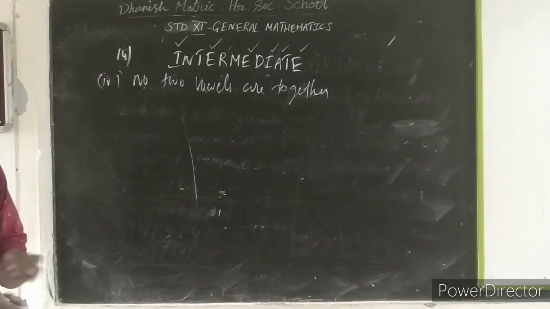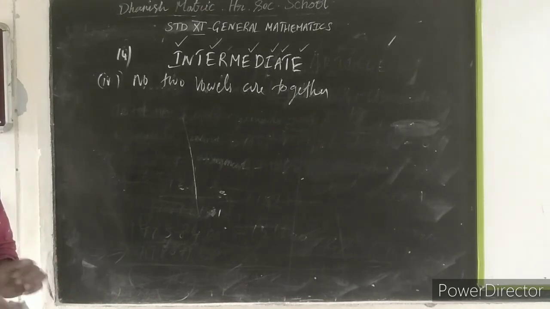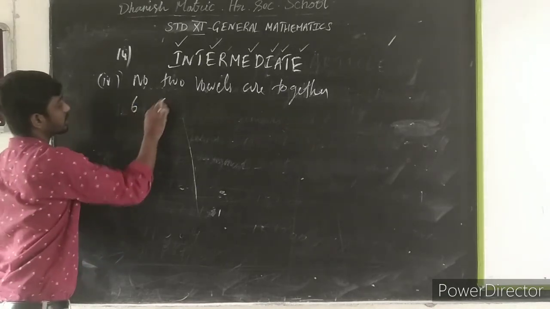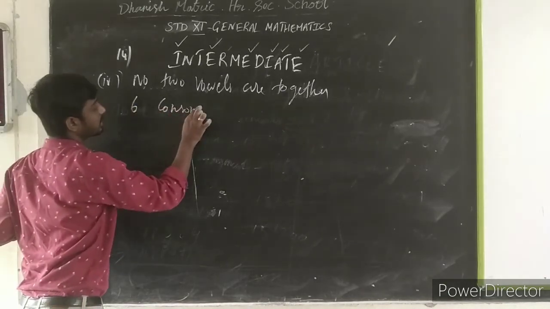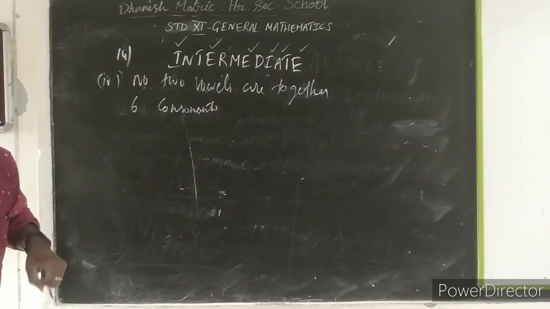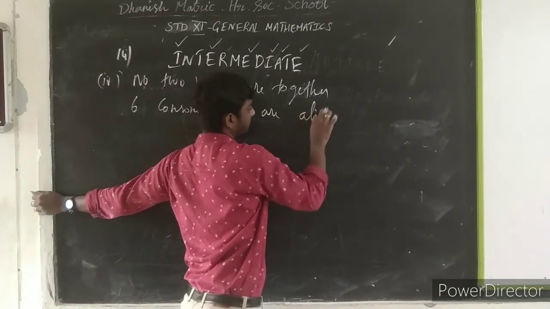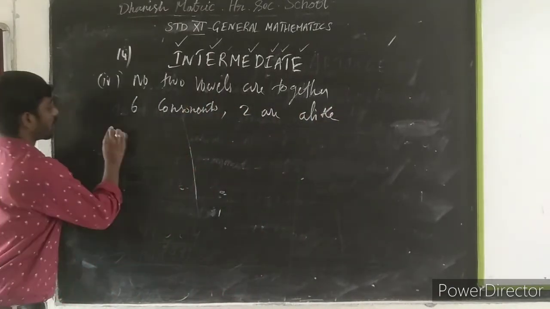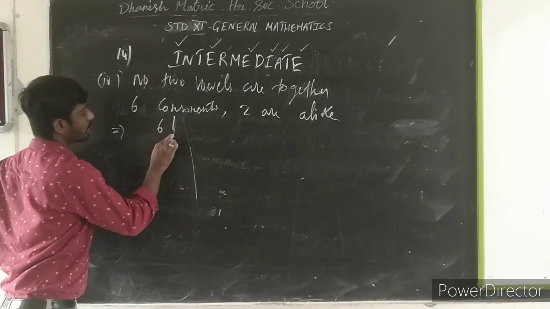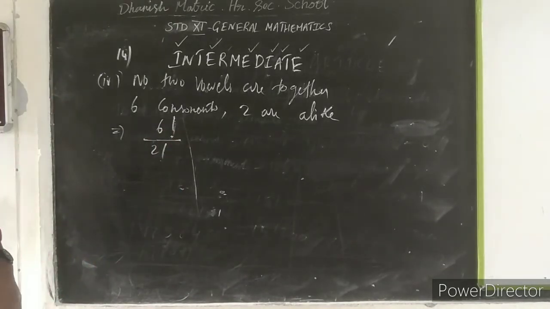How many consonants are there? 6 consonants, out of which 2 are alike. That will be 6 factorial divided by 2 factorial.